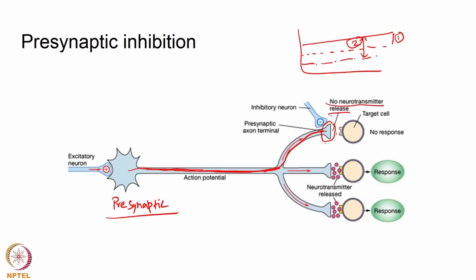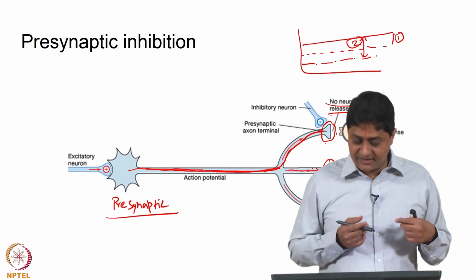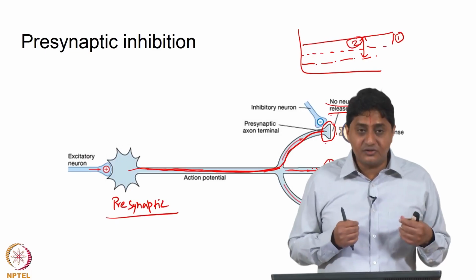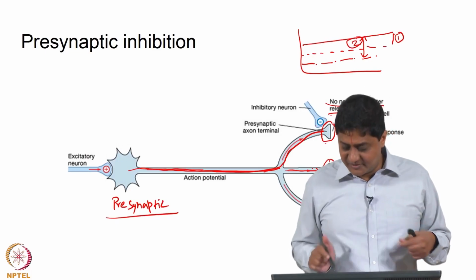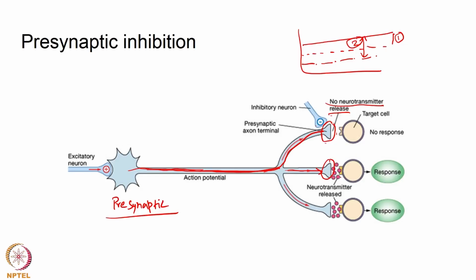Whereas here is a case where there is no such excited state of this part of the synaptic end bulb. So whenever an action potential arrives here, there are going to be more calcium channels getting opened, more vesicles that are going to open, and neurotransmitter is going to be released into the cleft, which is going to be detected by the postsynaptic cell.